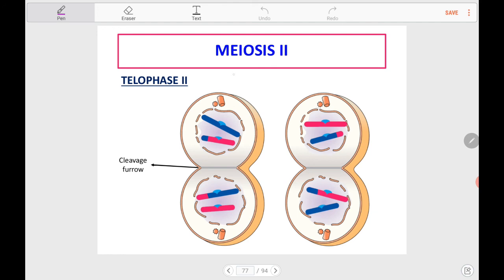So each of these daughter cell is haploid and non-genetically identical. Kenapa non-identical? Mainly because of crossing over, which had occurred during prophase 1 of meiosis 1.